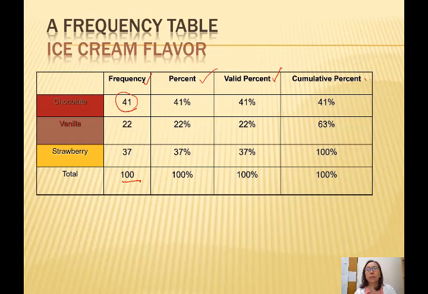And then you have the cumulative percent here, and you'll see the pattern of the percents being added up from one line to the next. You see 41% here, and that's chocolate. And then 22% for vanilla accumulated would be chocolate plus vanilla, which makes 63%, and then adding 37% more makes it 100.